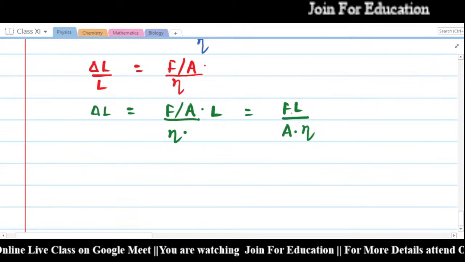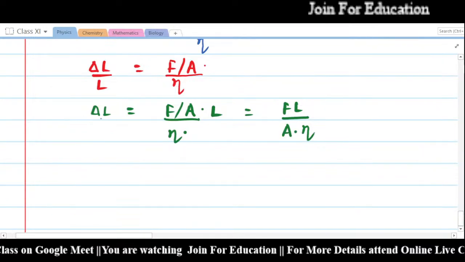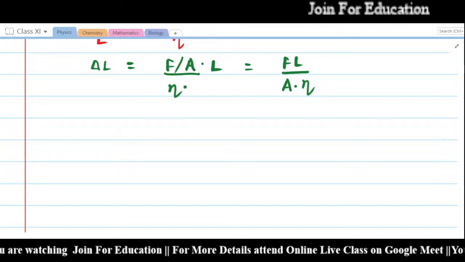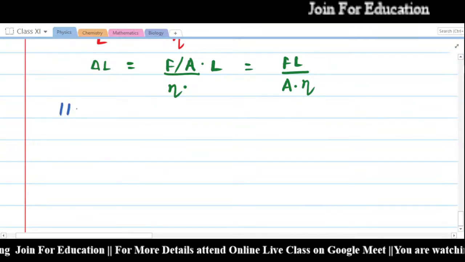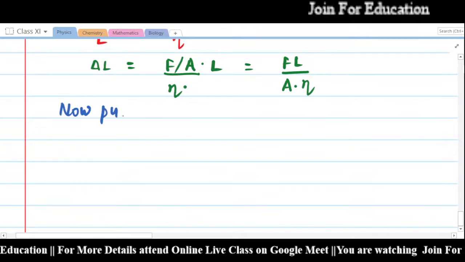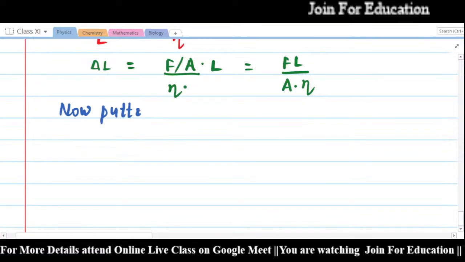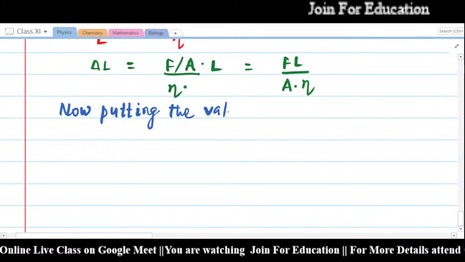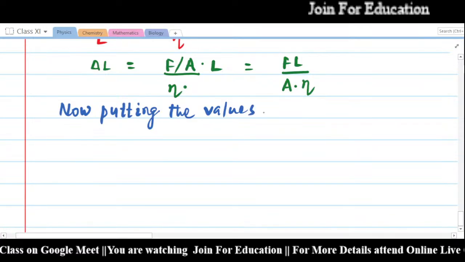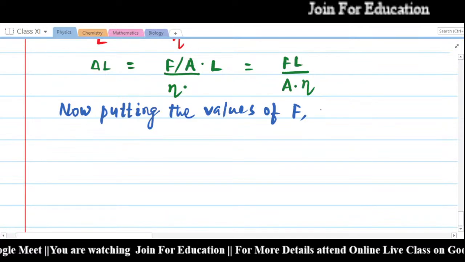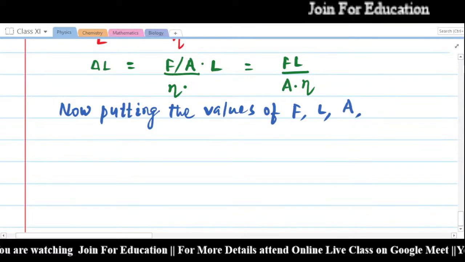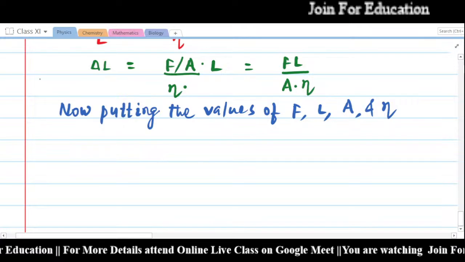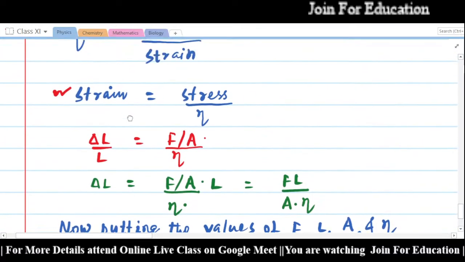Now putting the values of F, L, A and eta to get the value of del L. So we write down here F, L, A and modulus of rigidity. So see the data.